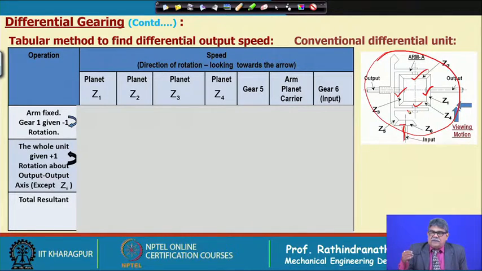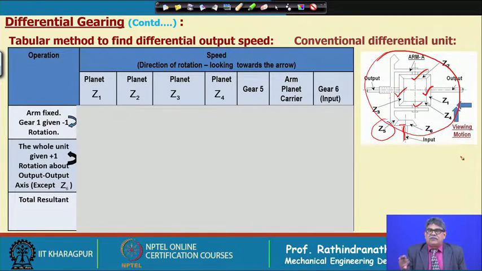That means Z2 and Z4 will rotate along with this bevel gear, which is Z5. Whereas the half shafts going to the wheels, one is connected with Z1, another is connected to Z3. These half shafts are going to the 2 wheels which it is driving.